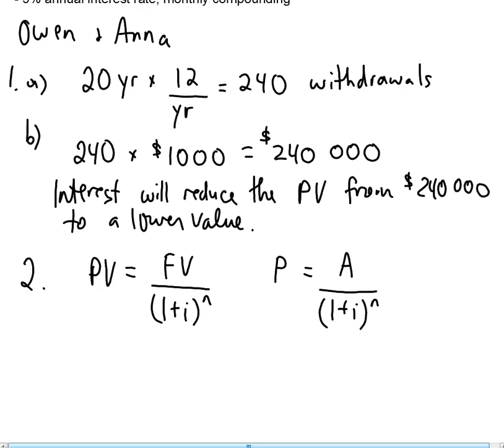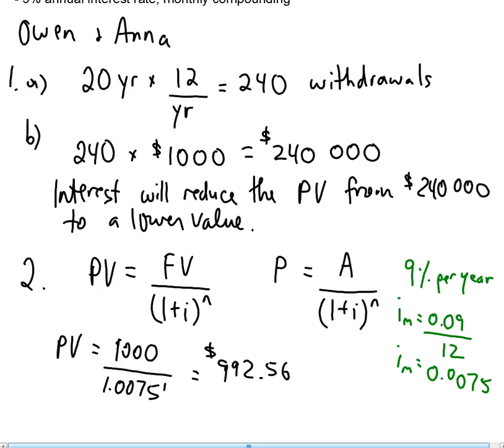So if we're calculating that, let's see what is necessary for them to make that first withdrawal. So of course we get a value less than $1,000. I calculated off to the side here the monthly interest rate based on 9% annual. $992.56 is the present value.